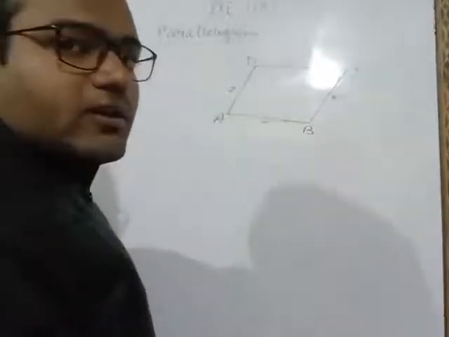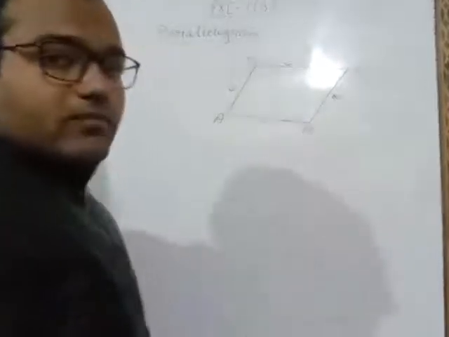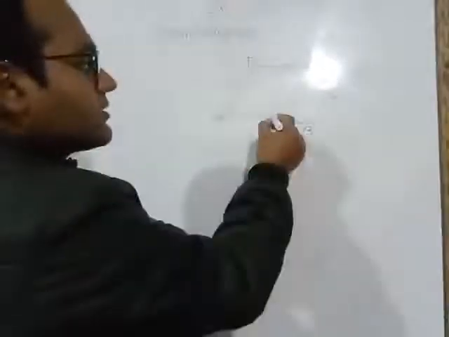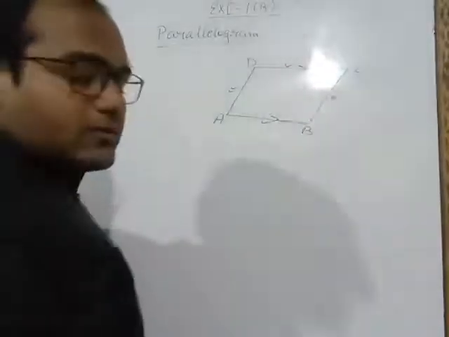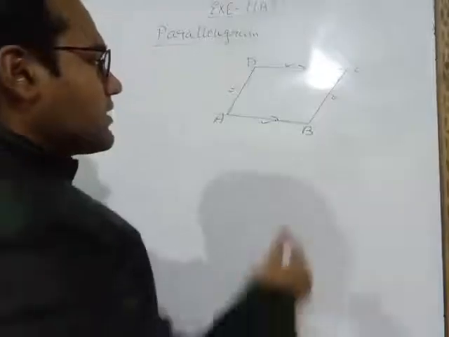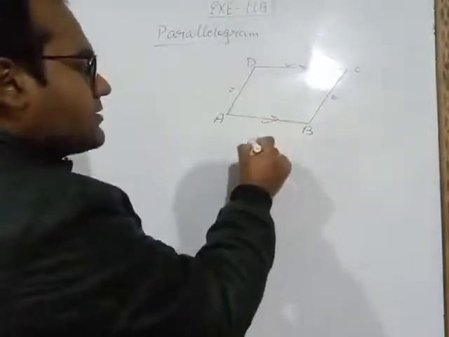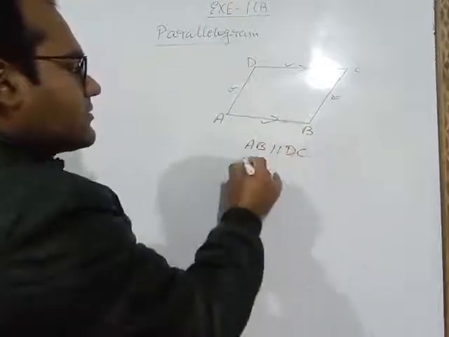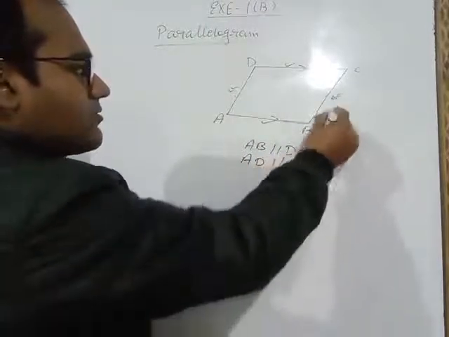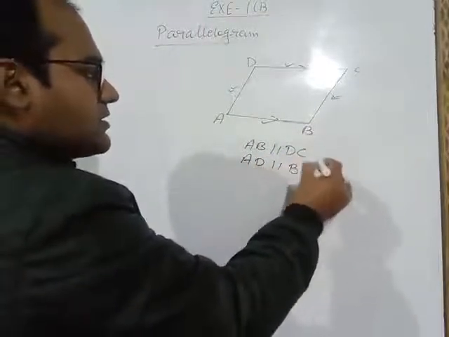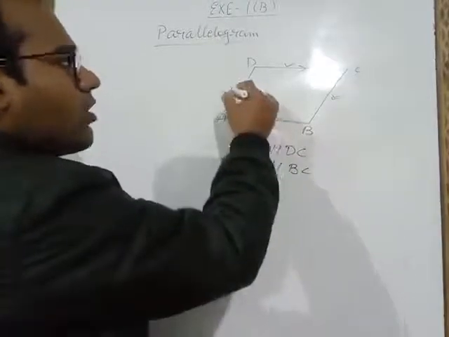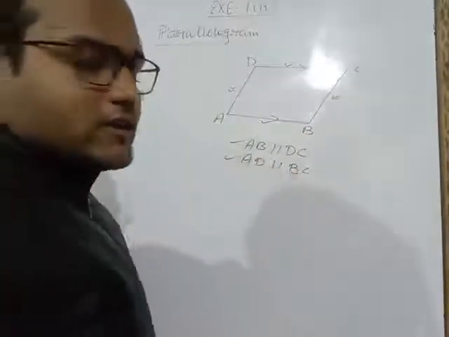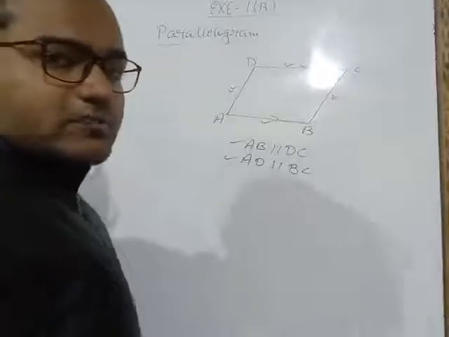If in a four-sided figure the opposite sides are parallel, then we will say that figure is a parallelogram. As I have drawn here, AB is parallel to DC and AD is parallel to BC. Both pairs of opposite sides are parallel, so such quadrilaterals are known as parallelogram.